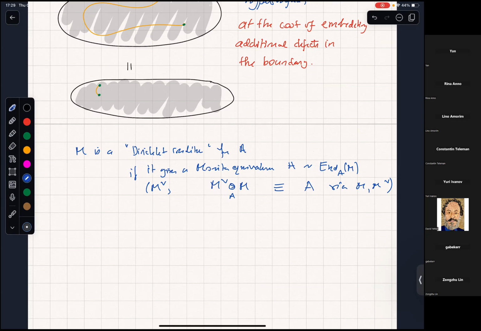Generating object for a category means that for a generating object G, the functor that sends an object X to Hom from G to X is faithful. But faithful doesn't generalize to higher categories well, because injective doesn't mean anything once in higher categories. So all I can say is an equivalence.